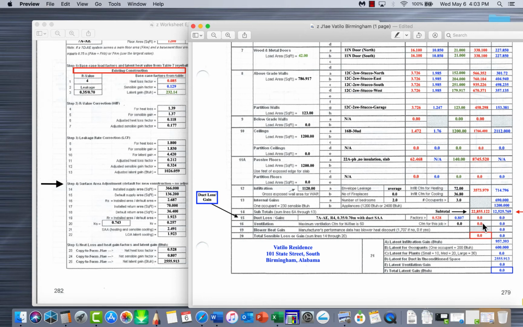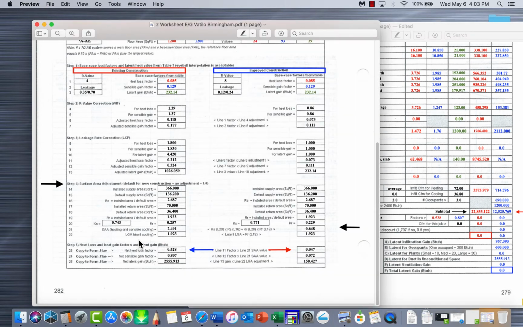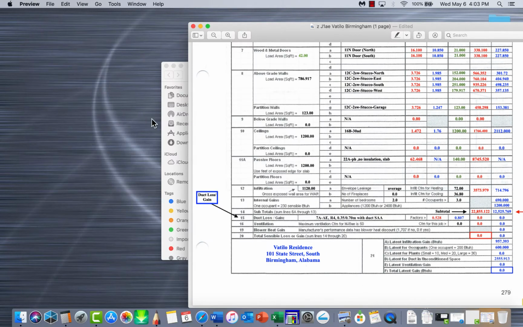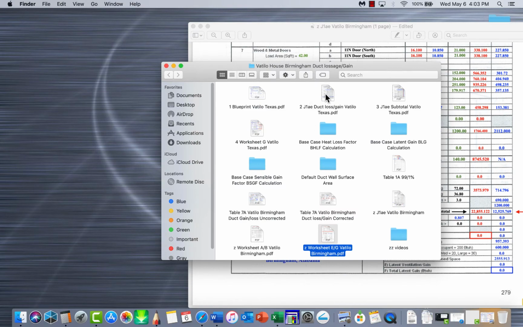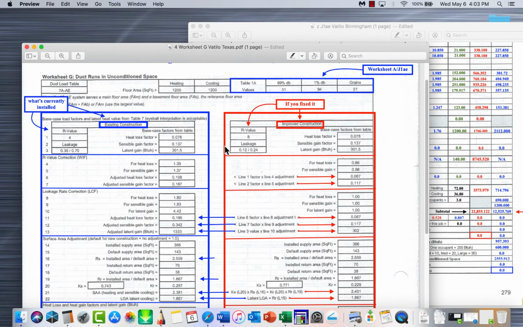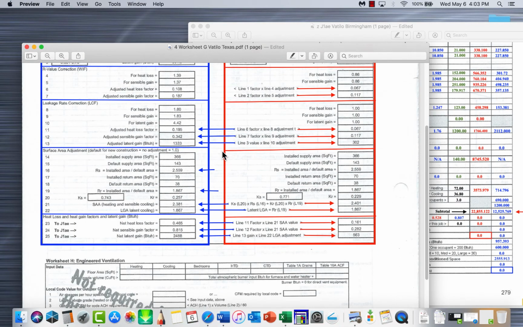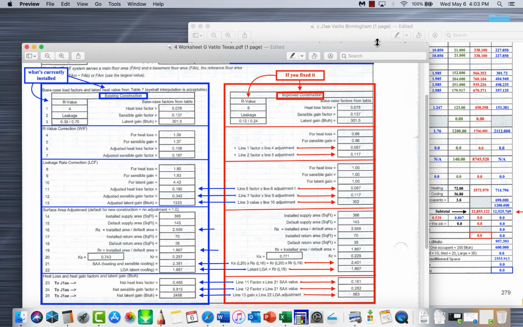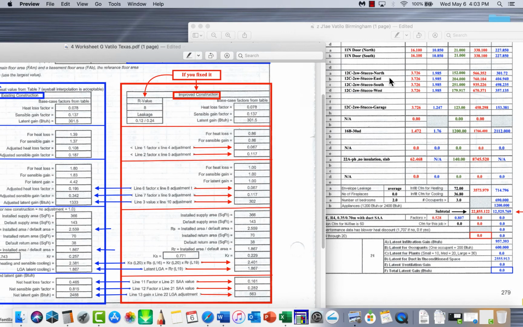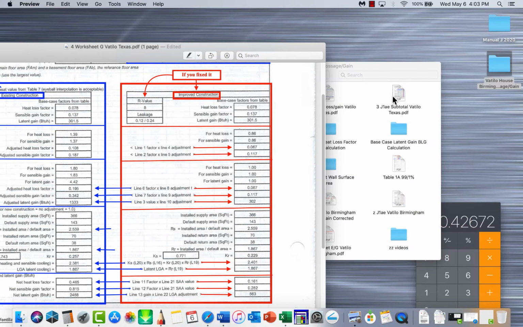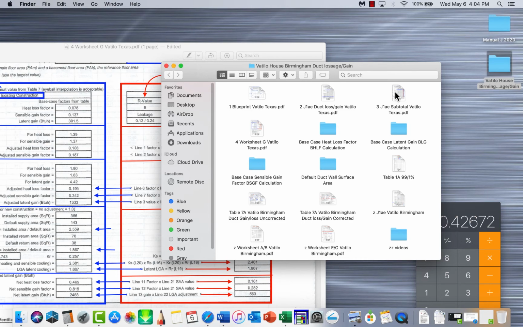Alright, so now we got some numbers here. We need to figure out where did they come up with all these numbers right up in here. So we got our BTUs for heating and BTUs for cooling. Alright. We're going to close our sheet for right now, and we're going to bring theirs back up, because like I said, I want you to understand where they pull some of these numbers from.